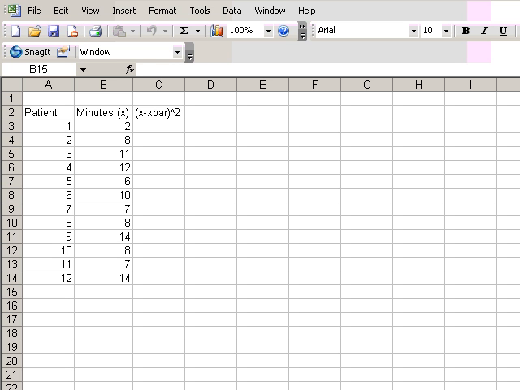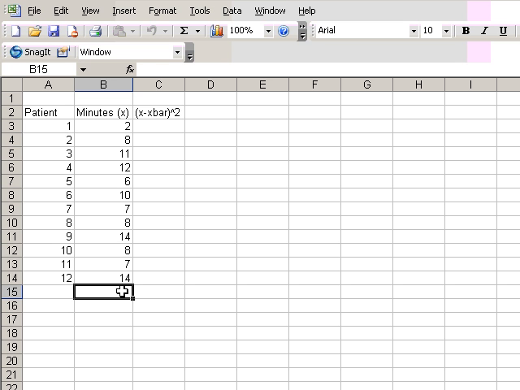And 6.1 says that x bar, the x with the line over it, is typically called x bar, is equal to the sum of all the values of x, the minutes spent with each patient, divided by the total number of patients, or n, which is 12.